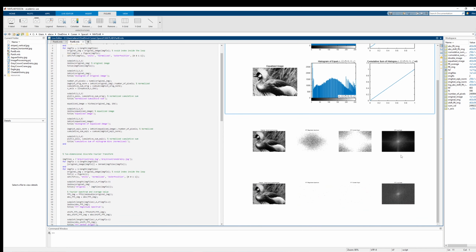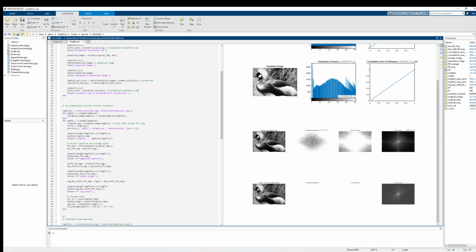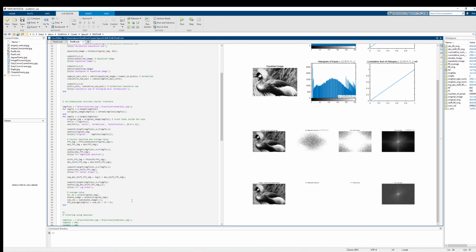Yeah, and that's this section here. Then in this section, we are doing a Fourier transform. Of course, a Fourier transform is a very useful thing in signal processing, where we're looking at the frequency spectrum of some sort of time domain function, right?